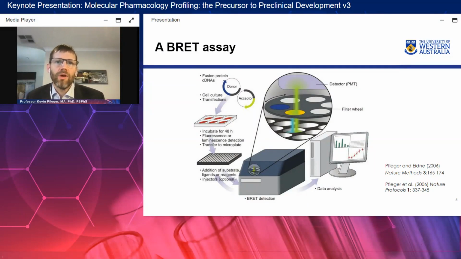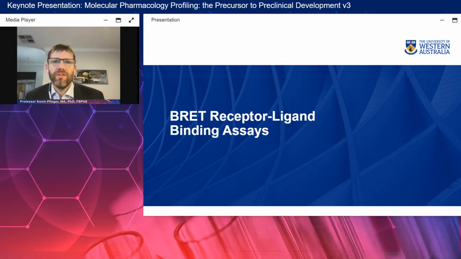This can be done in a microplate reader, often at 96 wells, but could be used at 384. And the microplate reader has filters so that you can look at the different colored light windows to understand how much light you're seeing emitted from the donor versus the amount of light emitted by the acceptor.